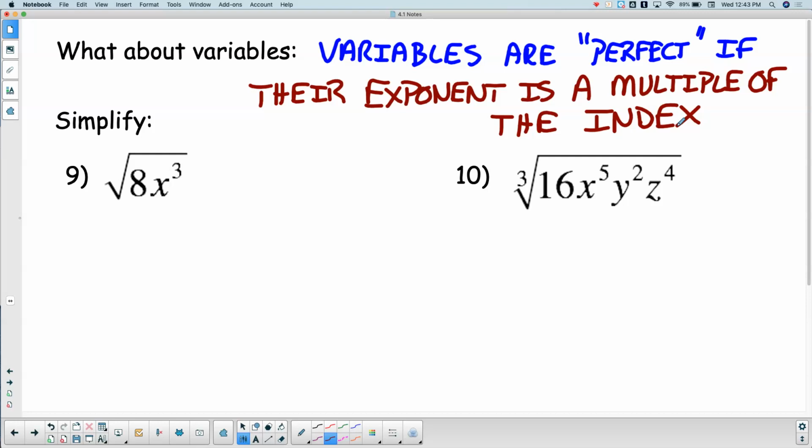So a variable is perfect if the exponent on that variable is a multiple of the index.